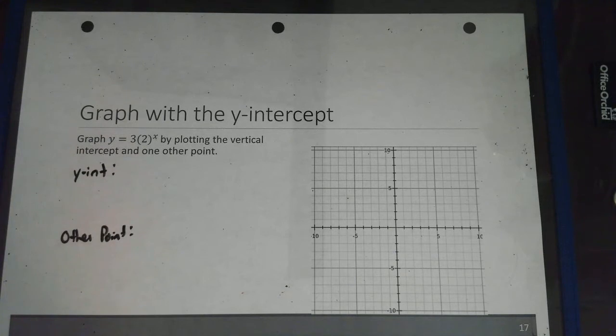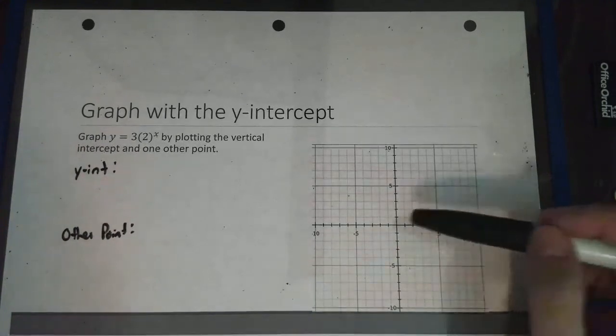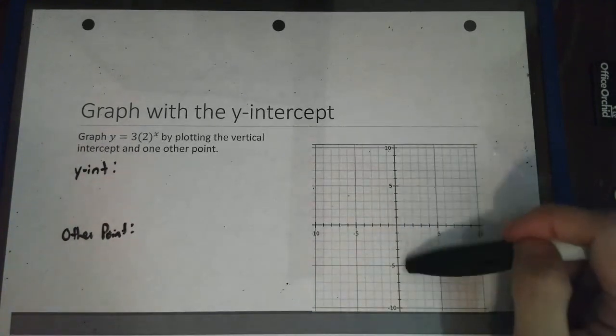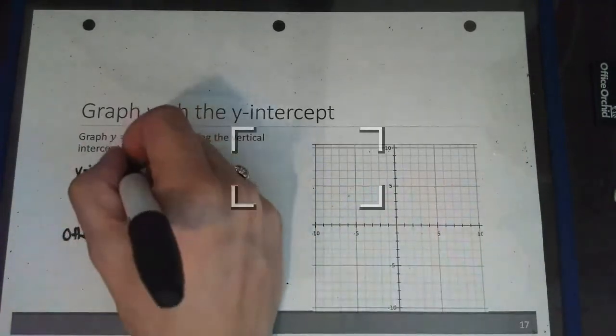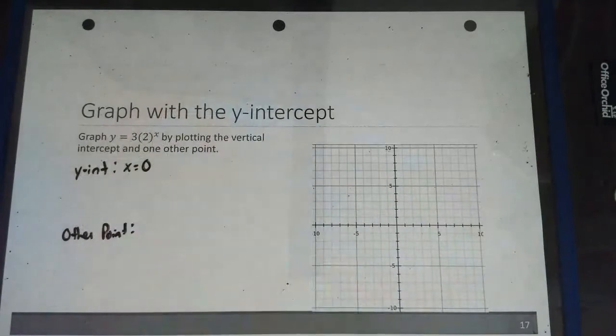So first up, we need the y-intercept. The y-intercept is where we touch the y-axis. Everywhere on the y-axis has an x value of 0, so we need to plug in x equals 0. If you ever need a y-intercept, plug in x equals 0. That goes for every graph ever.